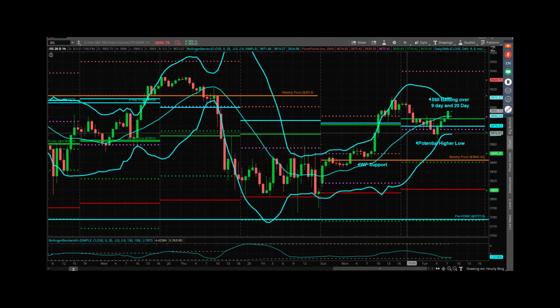You got the thin blue line here, which is your hourly mid-band, dividing line on the hourly chart between bullish and bearish. You've got the daily, you got the hourly mid-band. You have the daily pivot here coming in at about 75, 76. Your 9-day, your 20-day. And we're playing tennis here, above and below these lines.